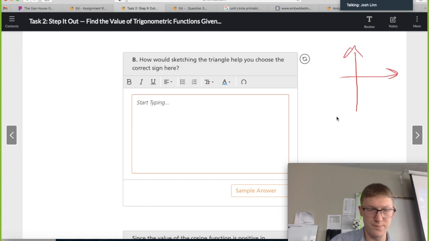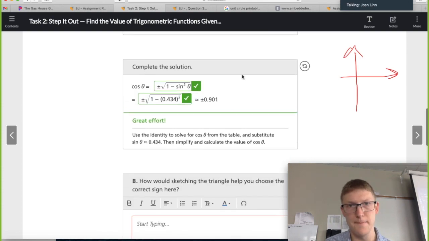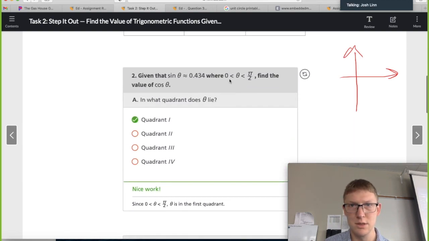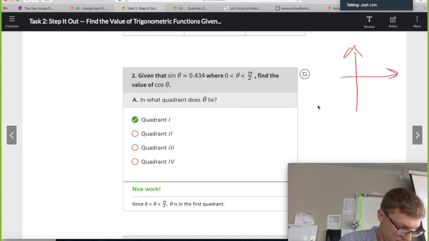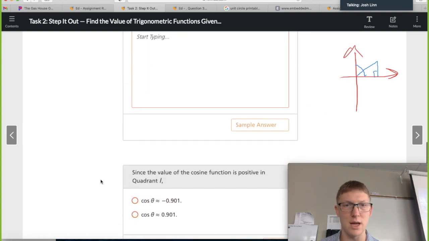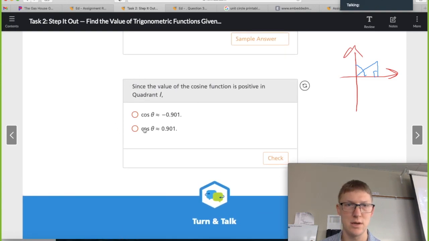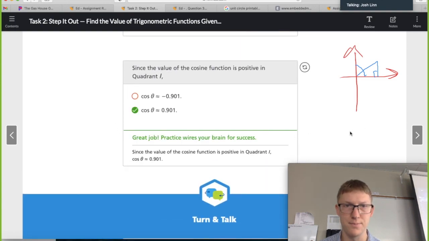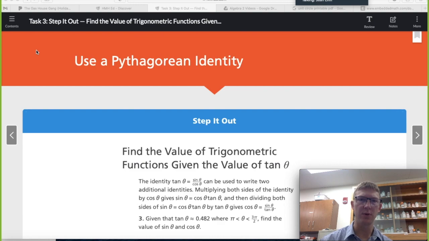In this case, 0 to pi over 2 is this part right there, and then you would have your right triangle, and you could use that to figure out whether it's positive or negative. So the cosine is positive. Done. So we found it. Let's see what it looks like in action.